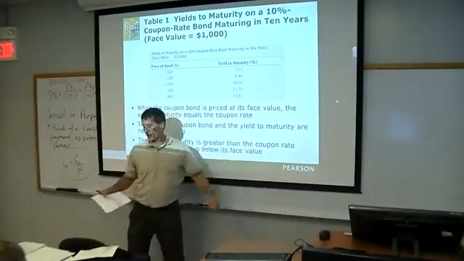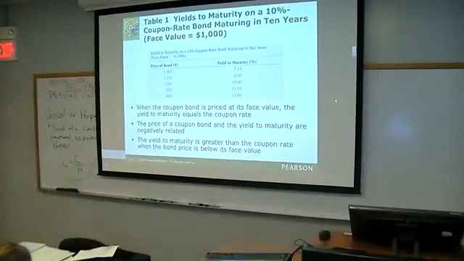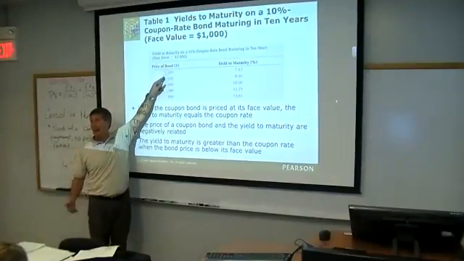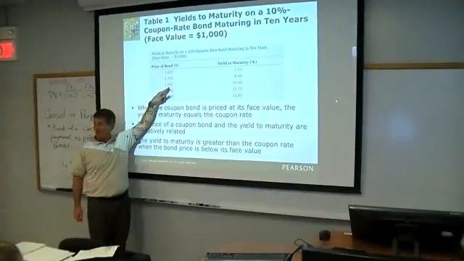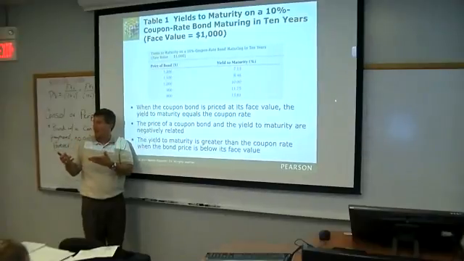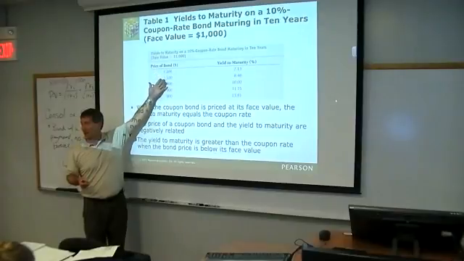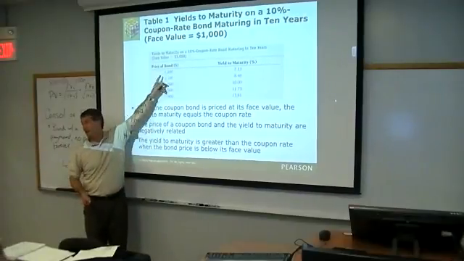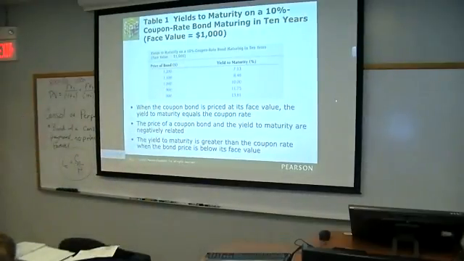So in order for Kurt to be willing to unload this thing, he's going to have to be paid more than the face value, because it's paying out 10%, more than what the market is. Somebody has to offer him more than the face value. It's going to sell at a premium.